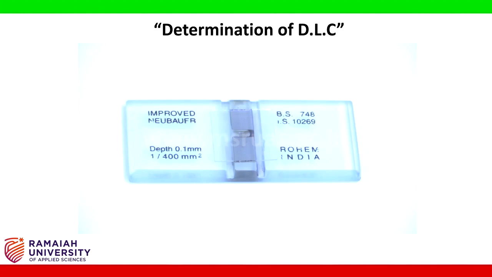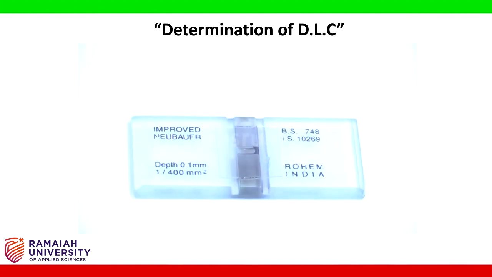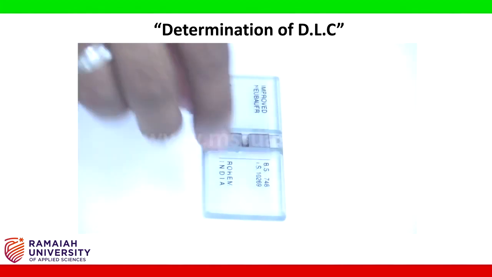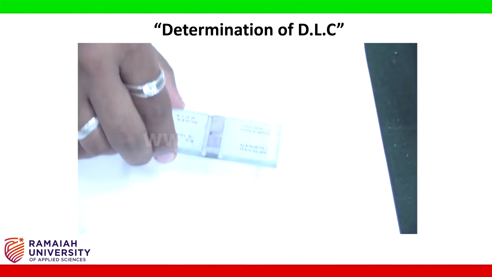After 3 to 4 minutes, transfer the Neubauer's chamber to the stage of the compound microscope, and it is observed under low magnification, that is 10x. Now after 3 to 4 minutes, we are transferring the Neubauer's chamber to the microscope.